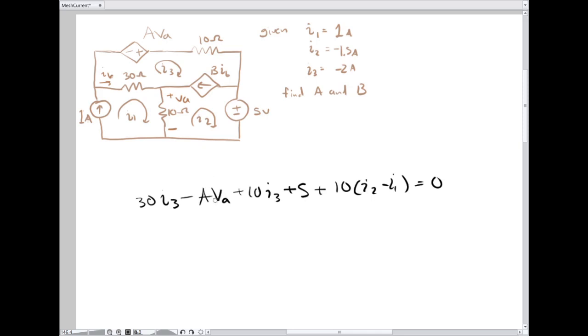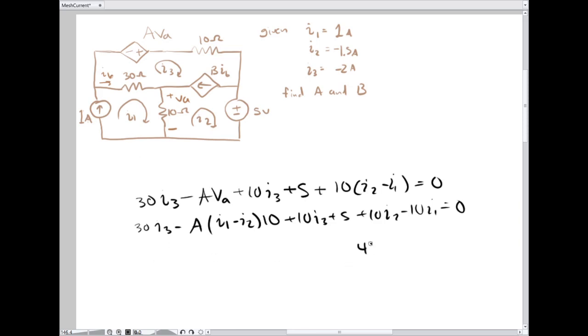So then we can write VA in terms of mesh currents. So 30I3 minus A times, I1 is going with passive convention, so it's I1 minus I2 multiplied by 10, plus 10I3 plus 5 plus 10I2 minus 10I1 equals 0. Trying to combine like terms here, we have a 30I3 and a 10I3, so 40I3.